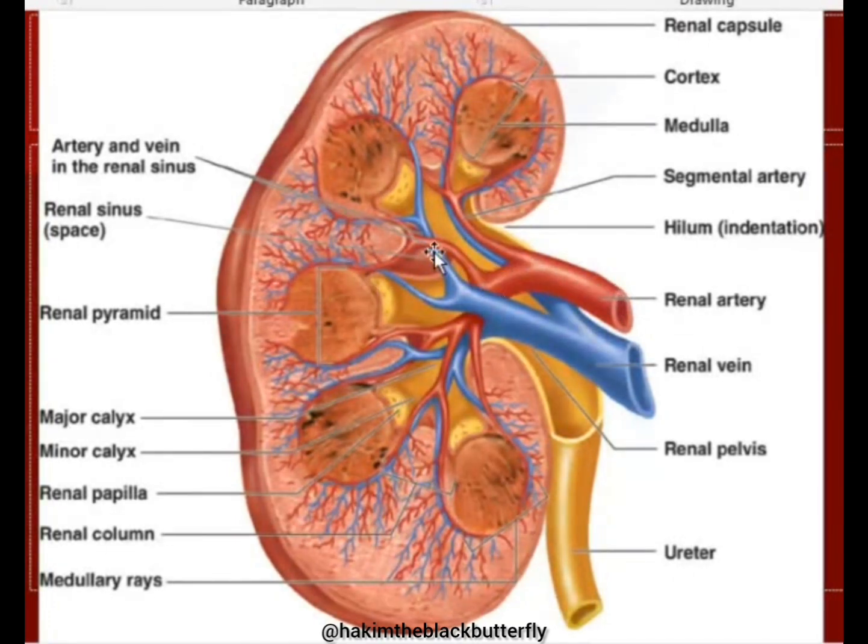Renal artery, segmental artery, interlobar arteries. The interlobar arteries, when they reach the base of the pyramid, they form arcuate arteries. These are arcuate arteries. And the arcuate arteries will then form what we call the interlobular arteries.